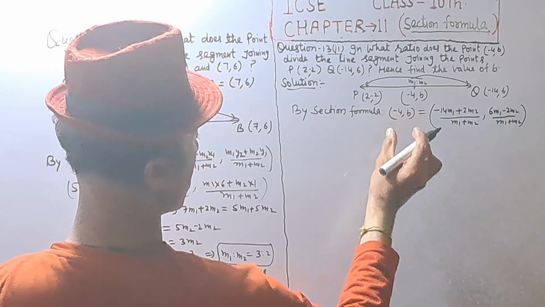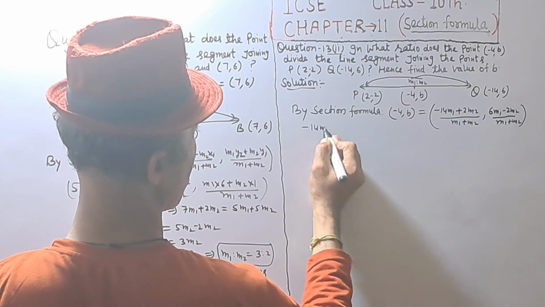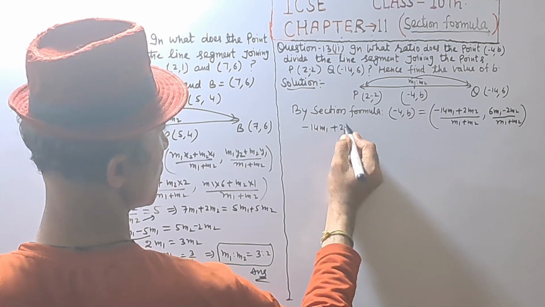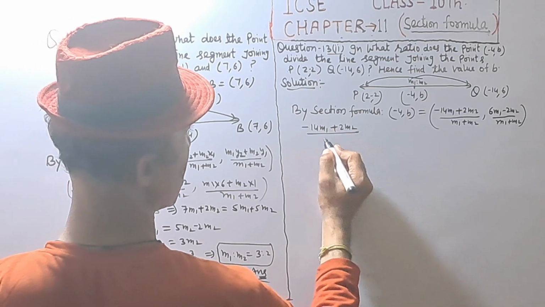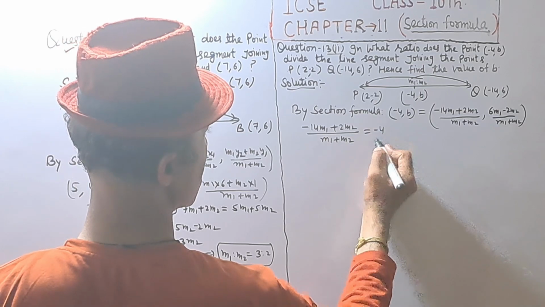First point, we are comparing minus 4: (minus 14M1 plus 2M2) divided by (M1 plus M2) is equal to minus 4.